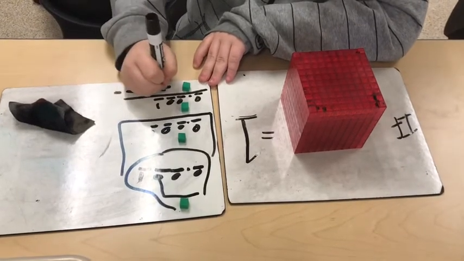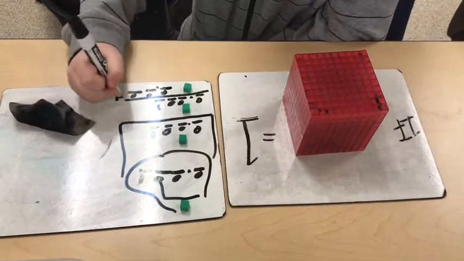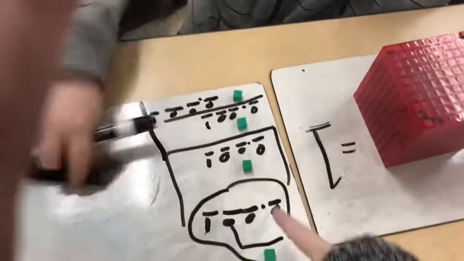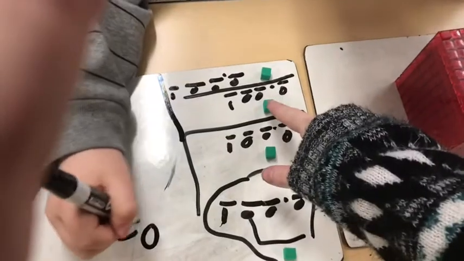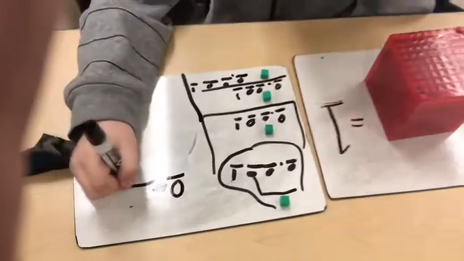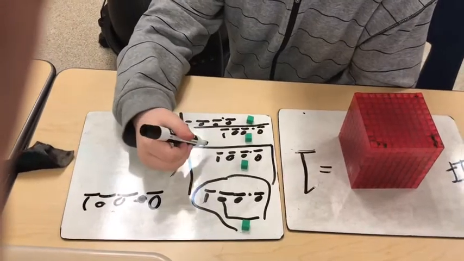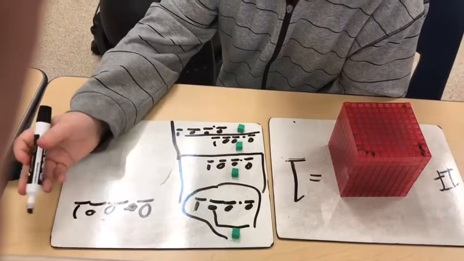Okay, so if this is 1,000th, and this is 1,000th, and this is 1,000th, and that is 1,000th, then what is it together? 4,000ths.